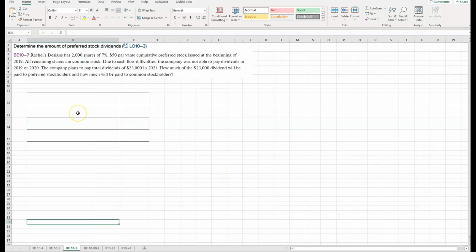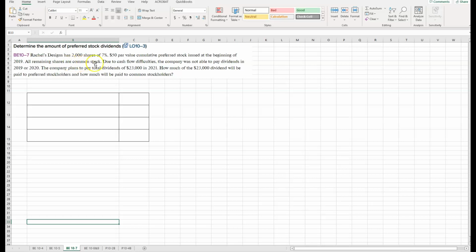One more. BE 10-7. So Rachel Design has 2,000 shares of 7%, $50 par value cumulative preferred stock issued at the beginning of 2019.